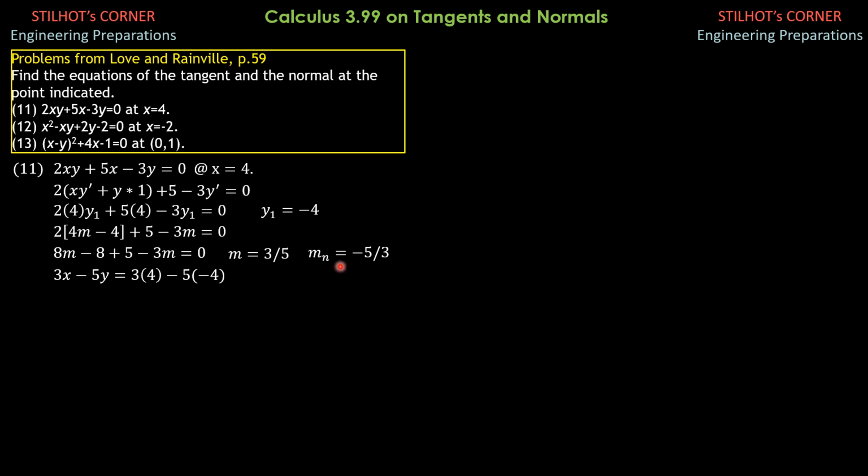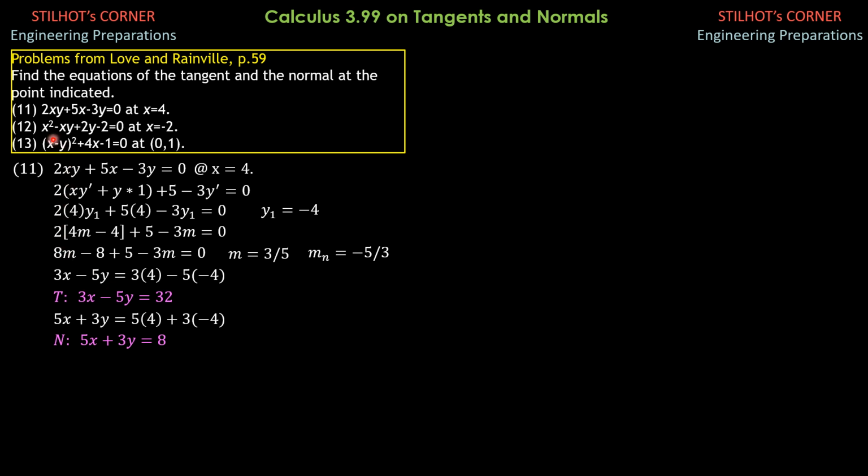The slope of the normal, by the way, is negative 5/3, the negative reciprocal of that. The normal is 5x plus 3y equals 5 times 4 plus 3 times negative 4. So 5x plus 3y equals 8, since 20 minus 12 is 8. That's the equation of the normal.